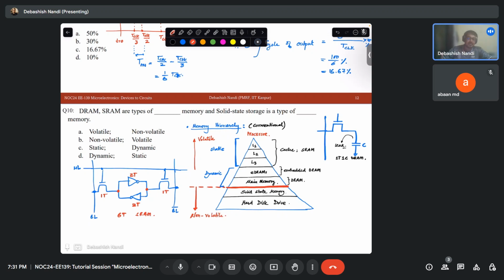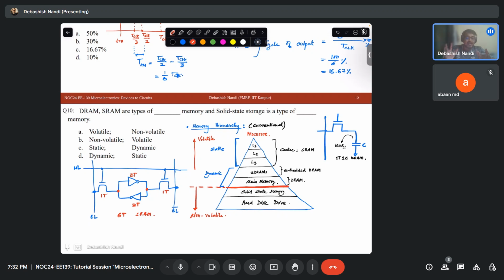Volatile and non-volatile means that when you plug off or switch off your device, the stored memory is erased. But in case the power is off and the memory is still retained, it is called non-volatile.